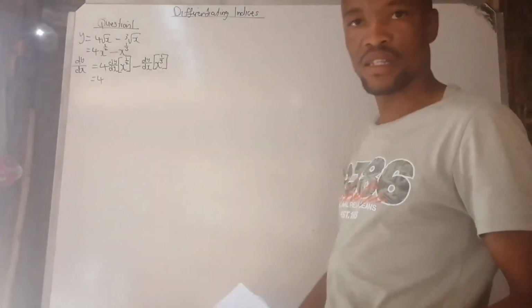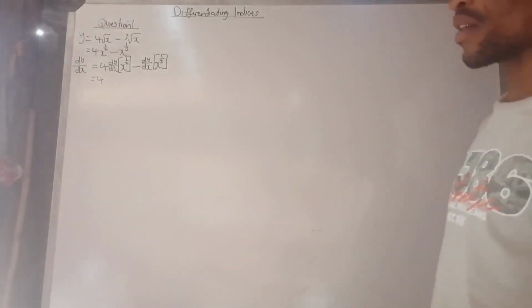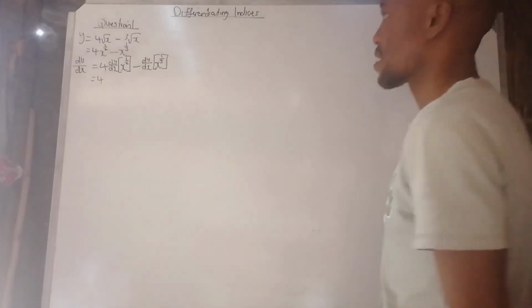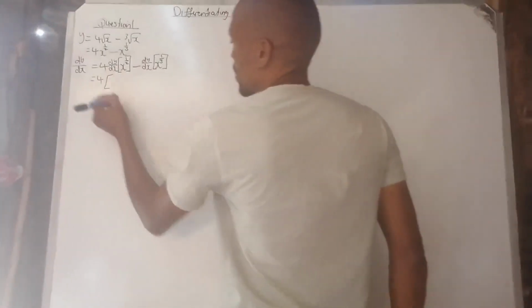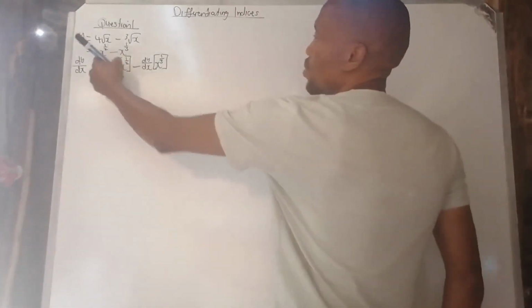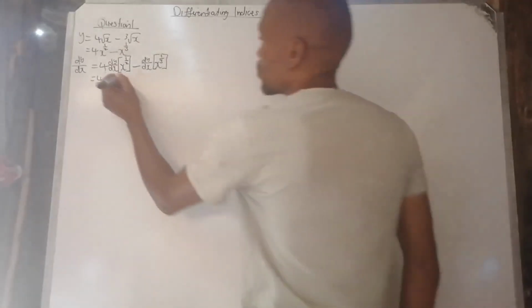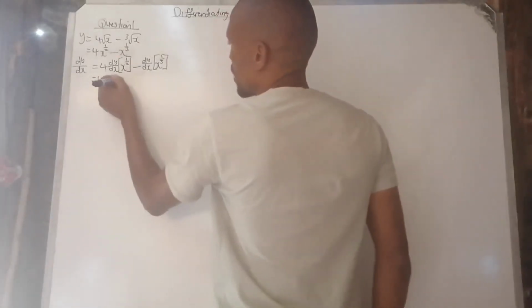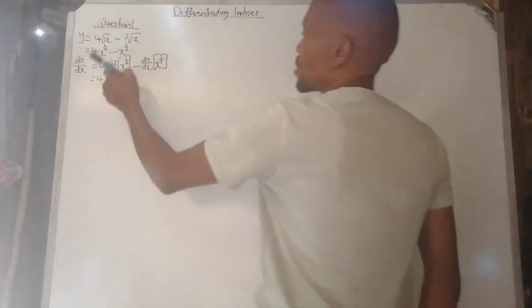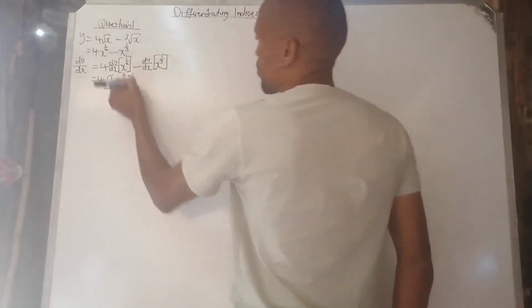There it is. What is the derivative of y with respect to x when you are given x to the exponent of 1/2? We're going to apply the rule that says, okay, because there's multiplication between these two things, you will bring down the exponent, which is 1/2, write your x, and then you would say 1/2 subtract 1.